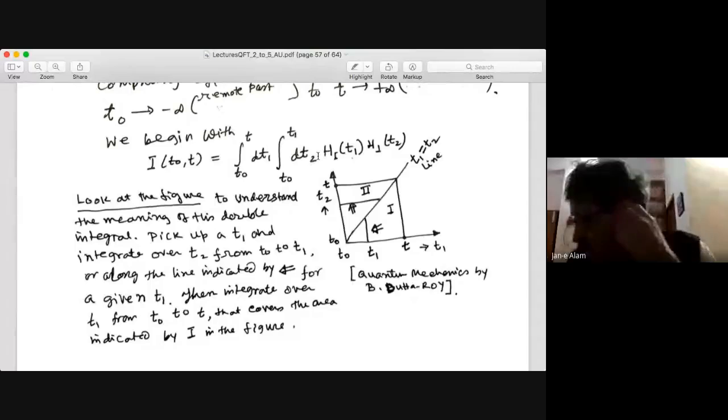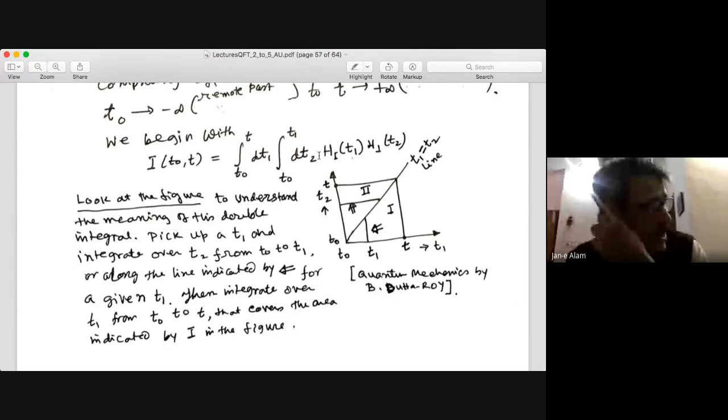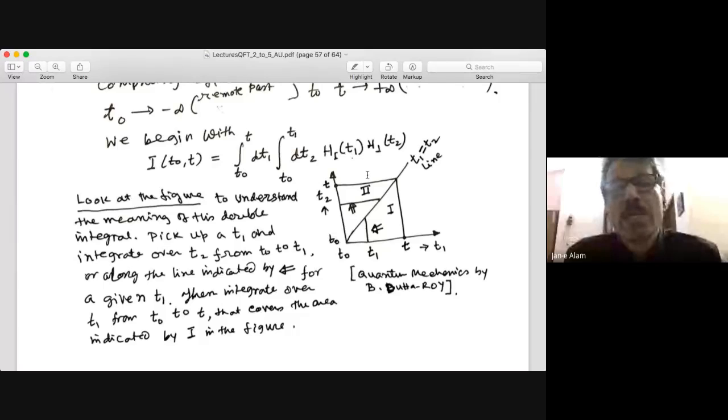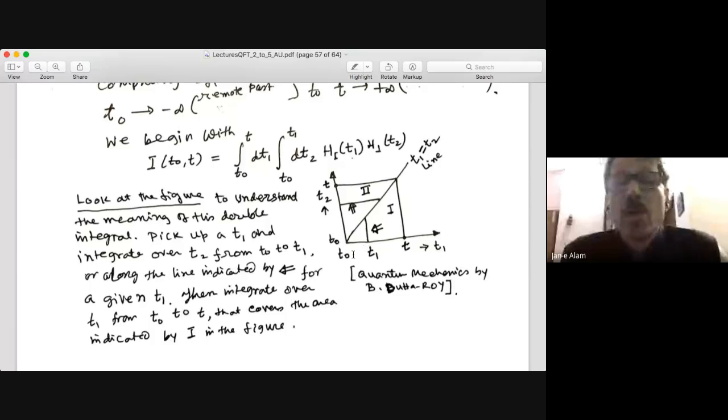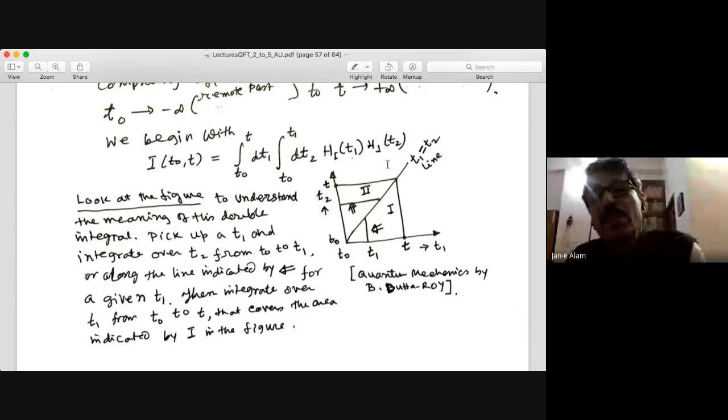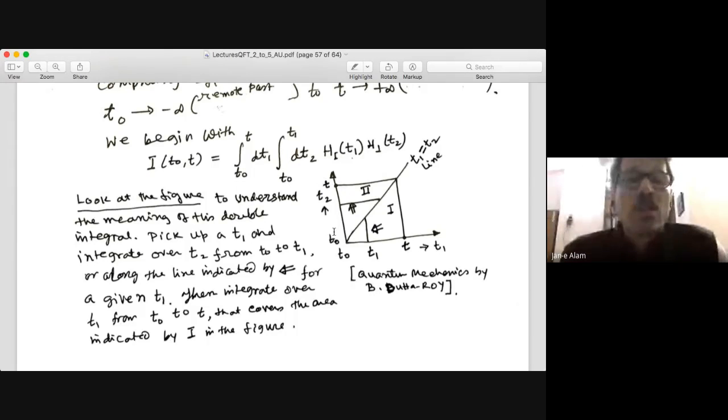This is very crucial. Probably it may be difficult for some of you, the young students, to understand. But if you have any difficulties, please go through it and let me know later. So this is the T1 axis, let us say, and this is the T2 axis. Now you want to integrate this two-dimensional dT1 dT2 integration for this interaction Hamiltonian H_I(T1) times H_I(T2).